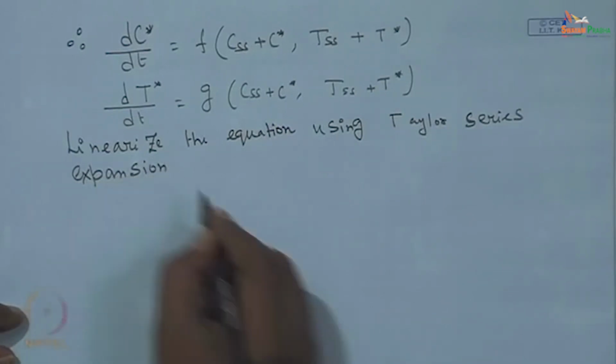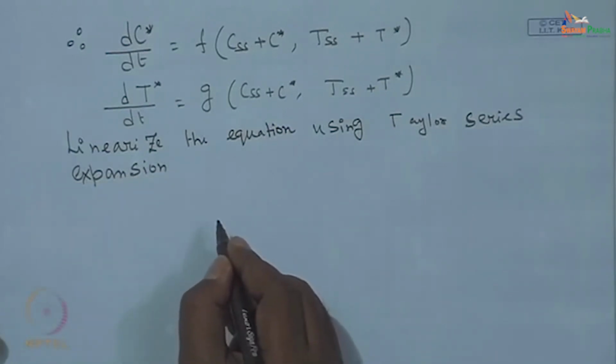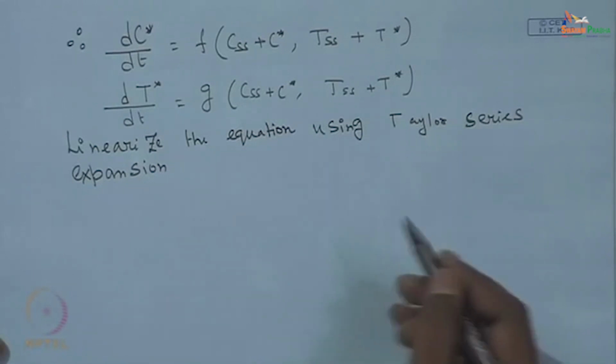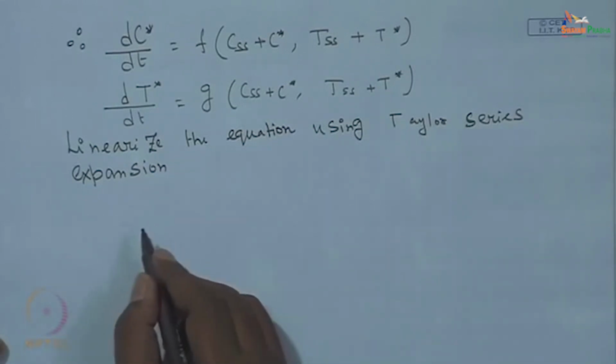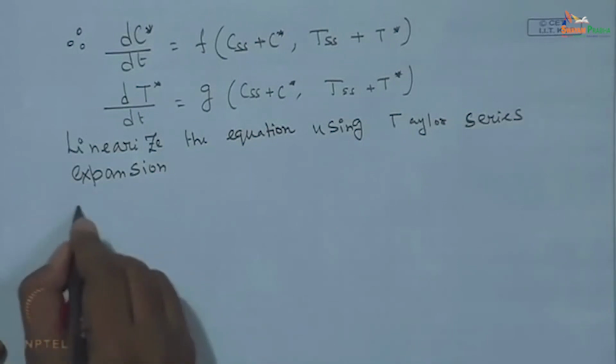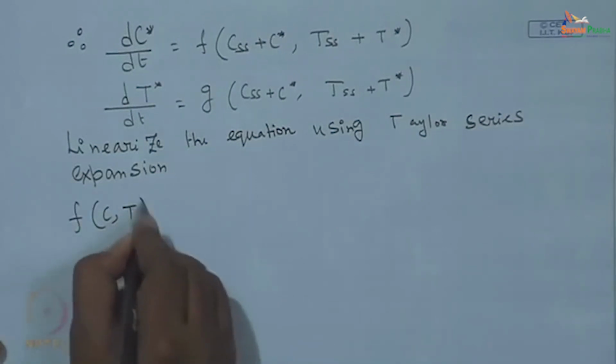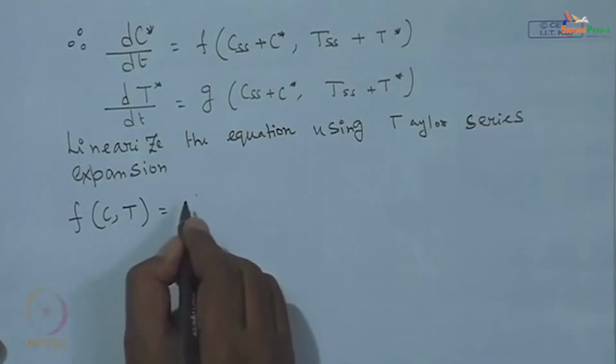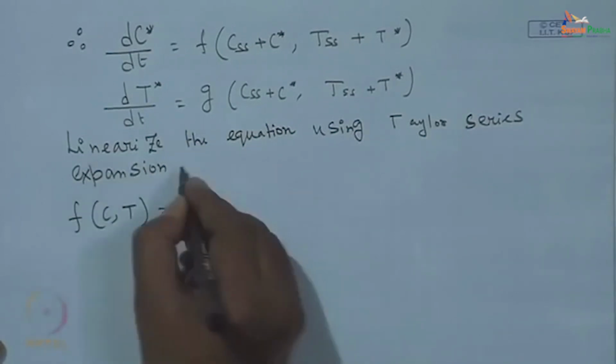And retaining the first order term and neglecting the higher order terms, assuming the deviations are quite close to the steady state, we have a linearization of f(C, T) about the steady state. This has to be done about the steady state.